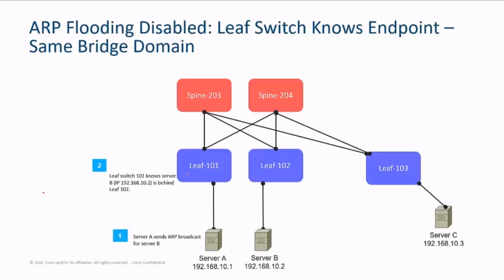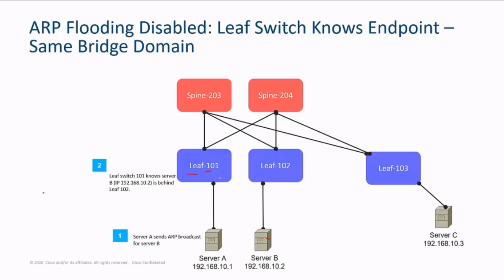So what Leaf 101 will do is look at the IP in the ARP broadcast, and look at its endpoint table. And it will say, oh, okay, I know where that IP is. Let's assume Leaf 101 knows this IP is behind Leaf 102. Well, Leaf 101 doesn't have to flood the traffic.